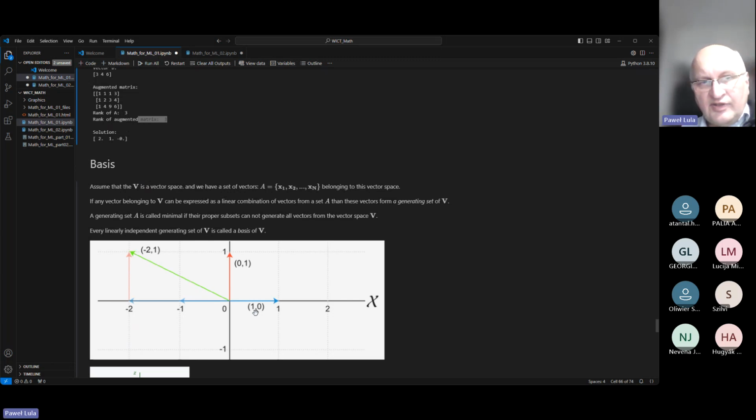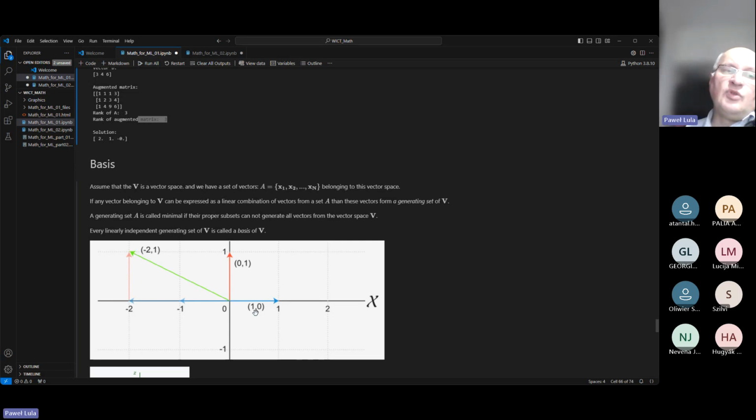And in vector spaces, we have vectors and also definitions of two operations. We have a definition of multiplication by a scalar value and addition of two vectors.